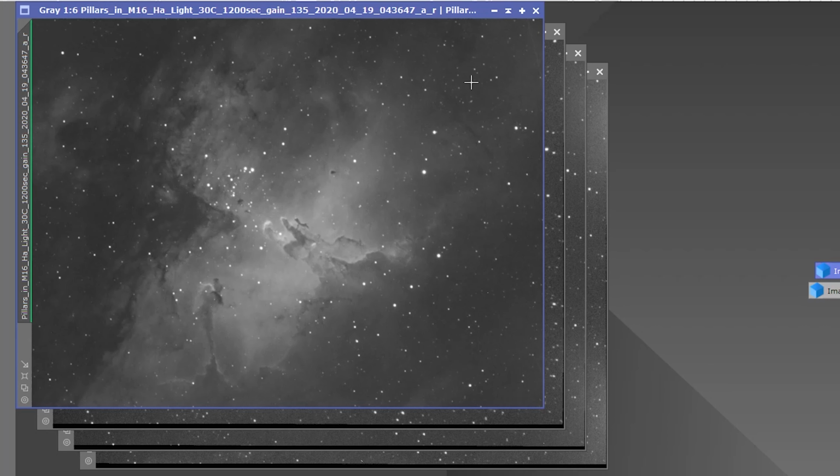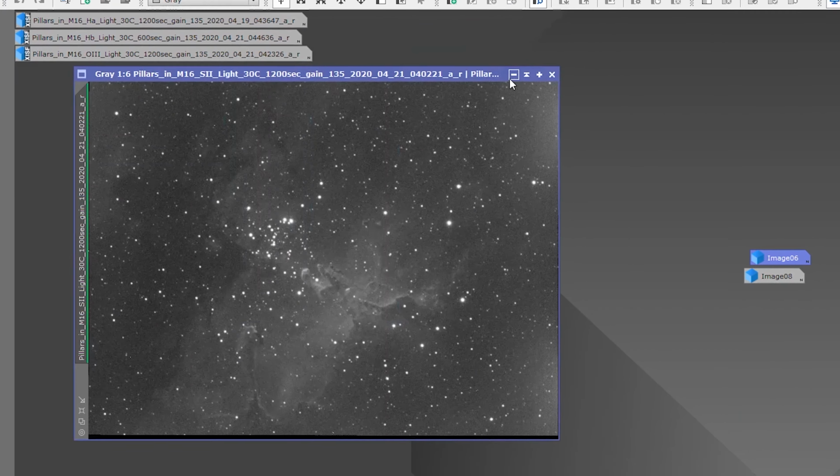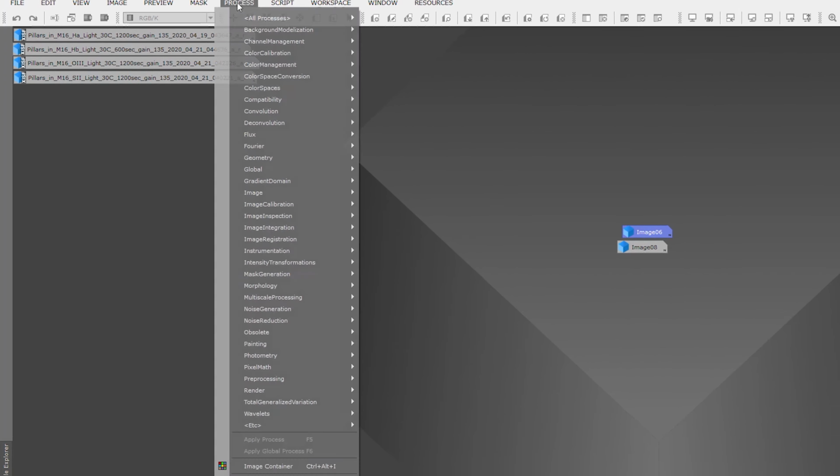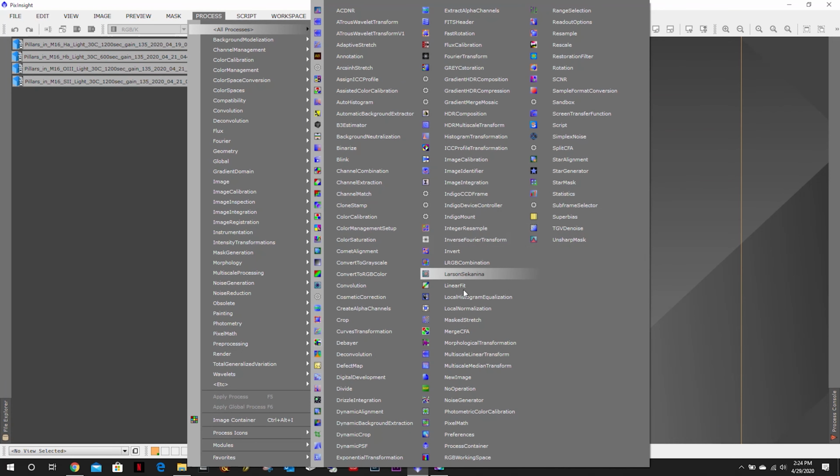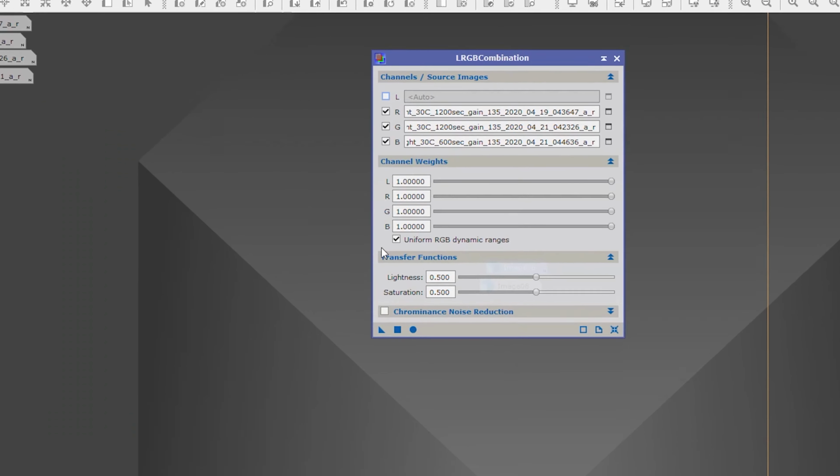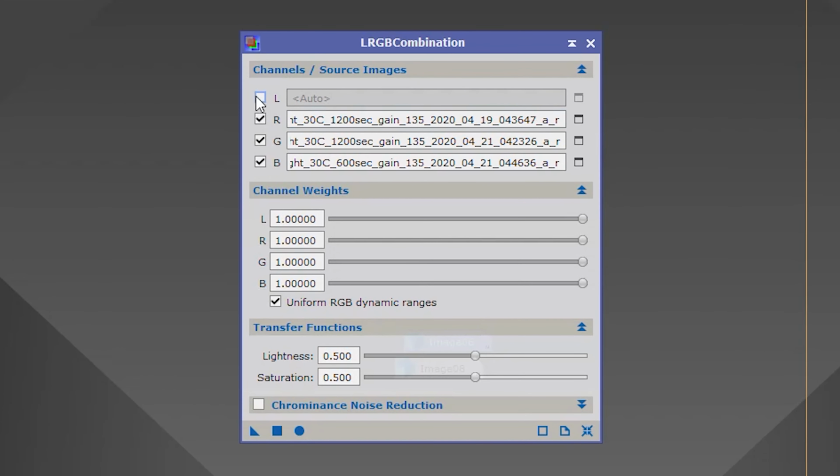So all I did was take these single subframes and I used LRGB combination. I did not have a luminance that was usable, unfortunately, for tonight's video.